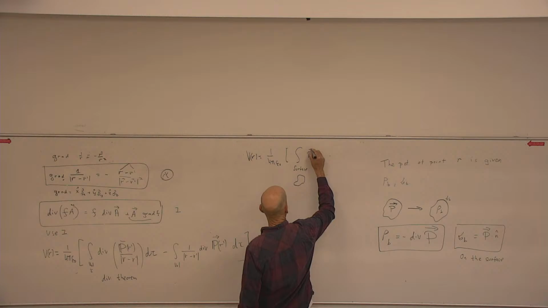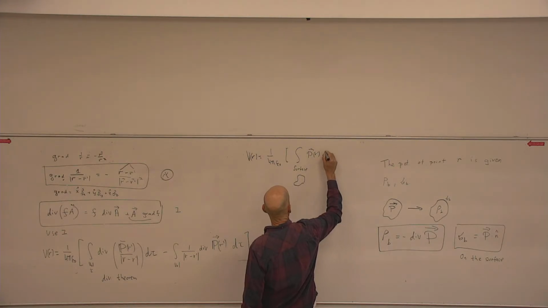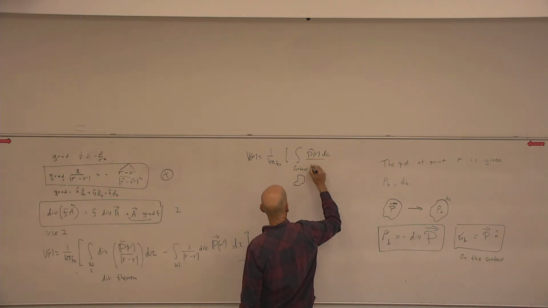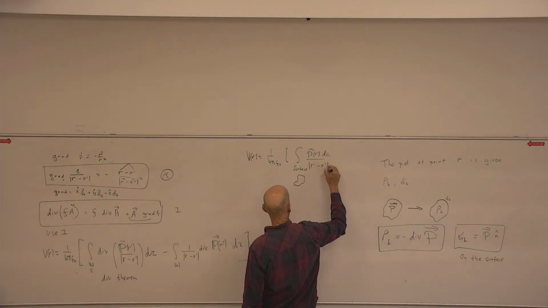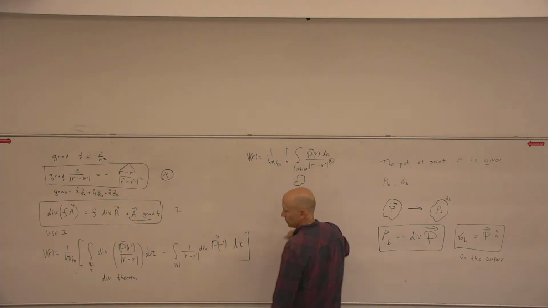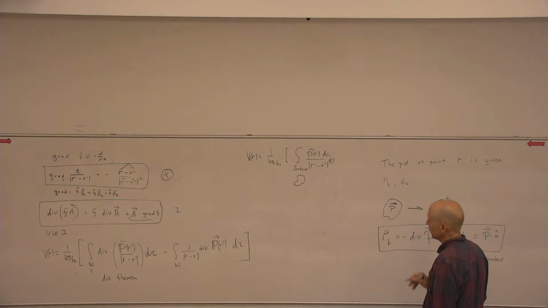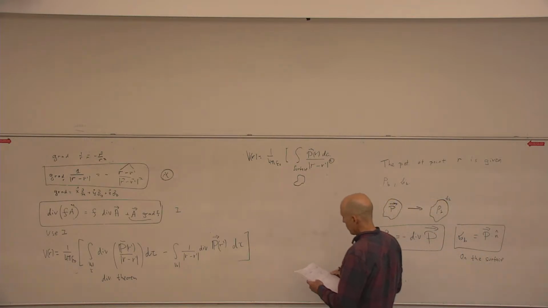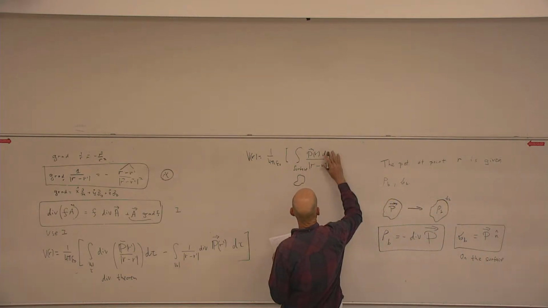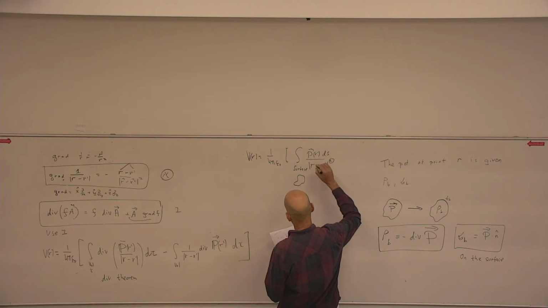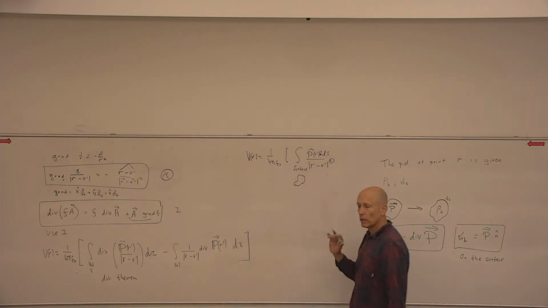P of r prime, important, over r minus r prime to the power 1. That's the most important thing here. And dA, ds, dot n. I already wrote it like that.